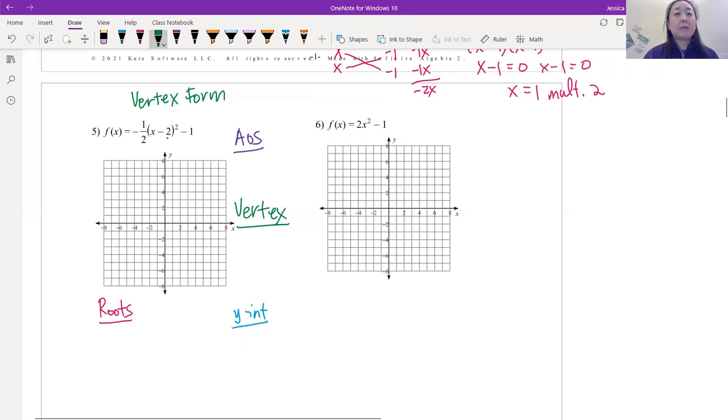So now the vertex is right here, these two guys. So this is going to be 2 and -1 right here, just like that. So 2, -1. And if you remember the vertex form, if you've written it down somewhere, it normally looks like this: f of x is equal to a times x minus h squared plus k.